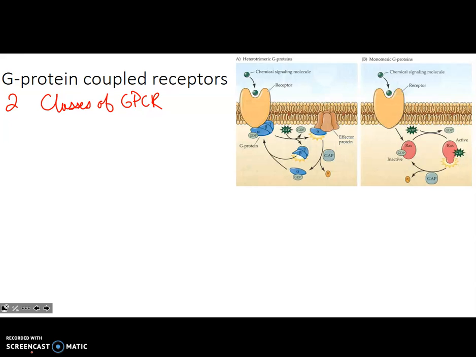The first and probably the more complicated are what are called heterotrimeric G protein receptors. Okay, and so the G protein itself is made of 3 different subunits: alpha, beta, and gamma.